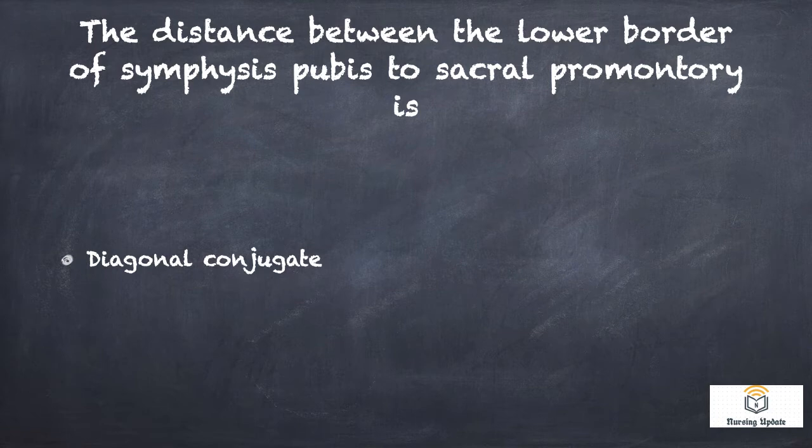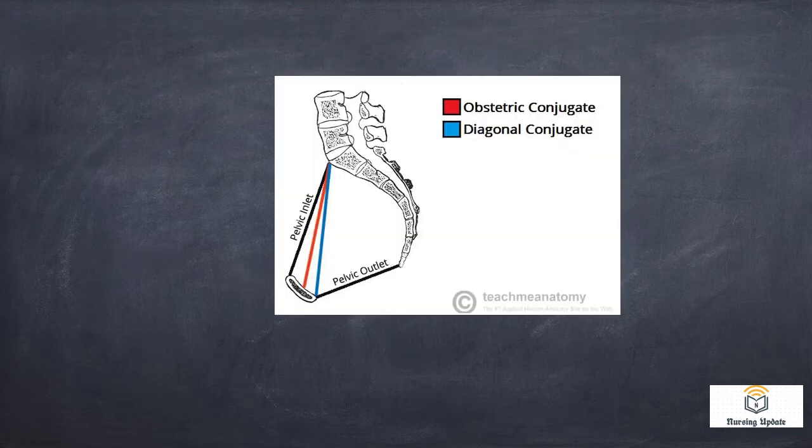Diagonal conjugate is 13.5 centimeter, and obstetric conjugate is 11.5 centimeter. This is also asked: what is the length of obstetric conjugate? This red line is 11.5, and diagonal conjugate will be 2 centimeter more than that, that is 13.5. Clear? Okay, we'll move on to the next MCQ.